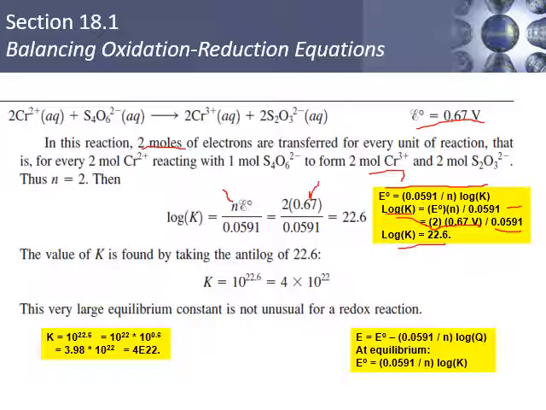If you do 10 raised to the 0.6 on your calculator, it's 4, and then just multiply that times 10 to the 22nd. That way you don't have a problem with the big numbers in your calculator. So the answer is actually given over here, and also down here: 4 times 10 to the 22nd power. So this is kind of a difficult problem. Next slide.